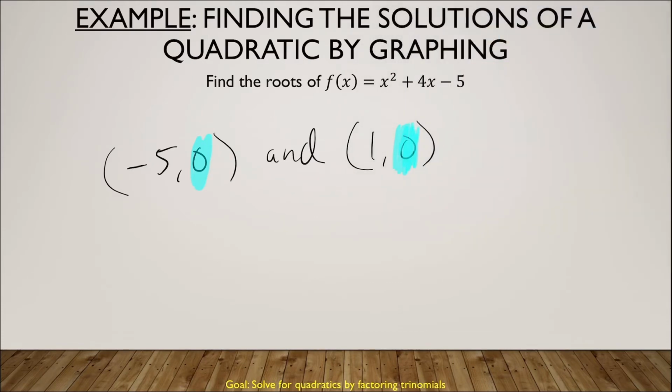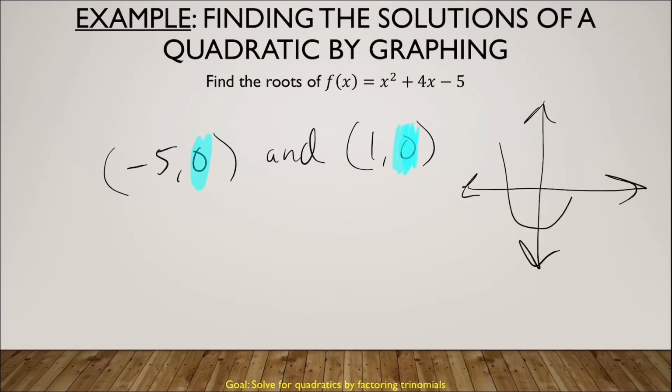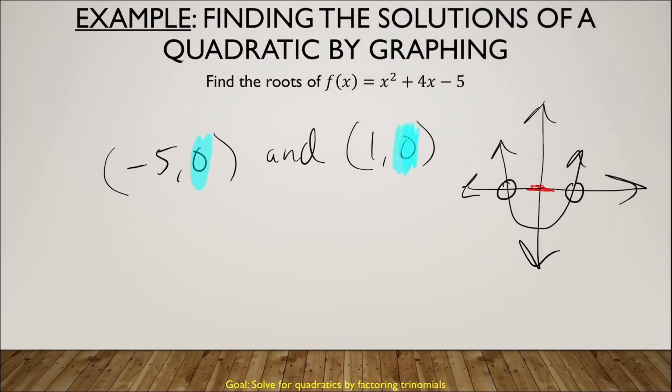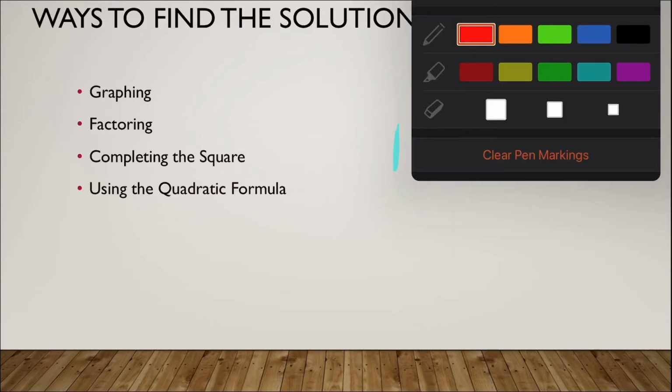And that's because if we think about where my zeros are, they're right here on the x-axis. My y values are always going to be 0 here. So when I'm writing a solution or a root, my y values will always be 0, because that's the definition, right? That's what we're looking at there.